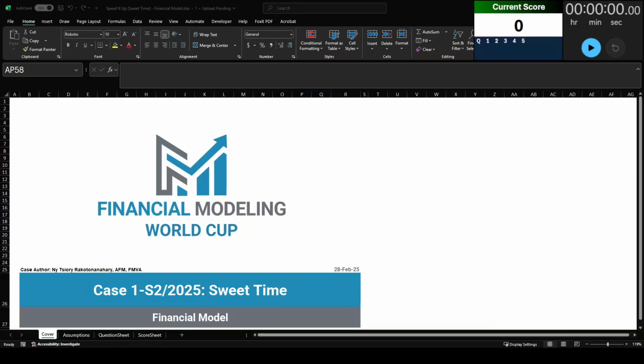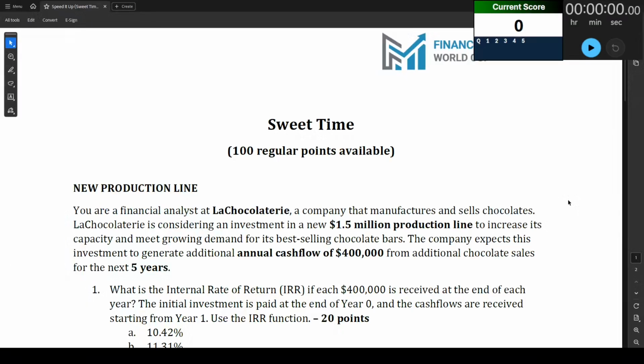But today I come with the first case of the second stage of the 2025 Financial Modeling World Cup season called Sweet Time. Before I start the timer and try this case, let me read the introduction to you so you can see what this case is all about. This case is called Sweet Time. You are a financial analyst at La Chocolaterie, a company that manufactures and sells chocolates.